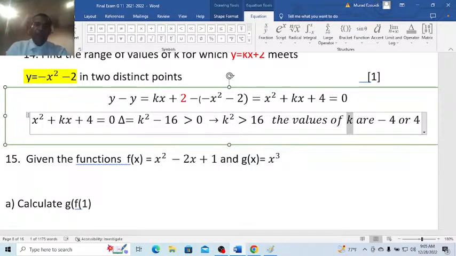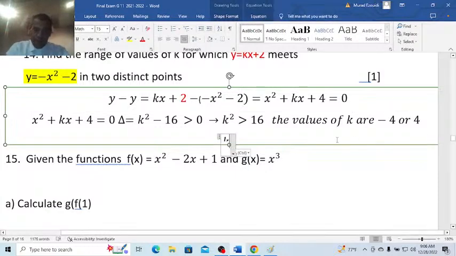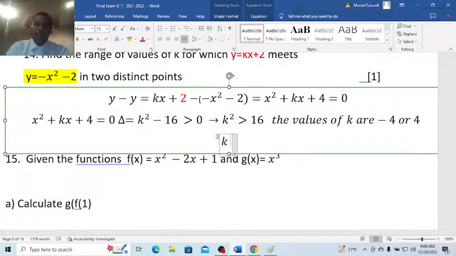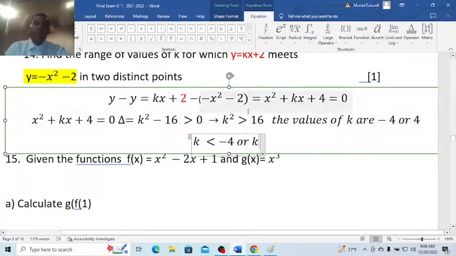Therefore we told that k is less than negative 4, or k is more than 4.